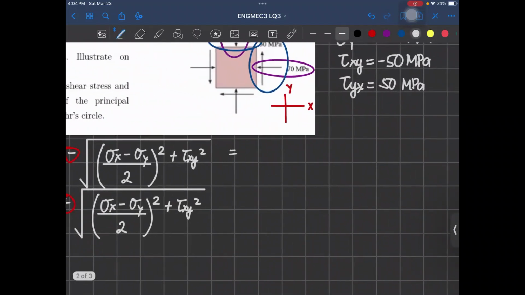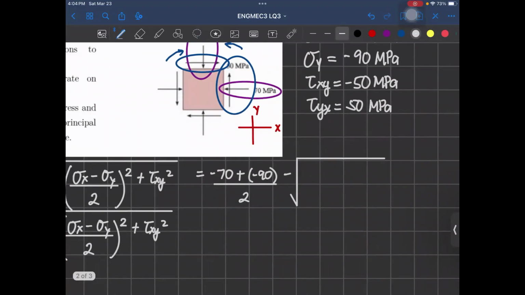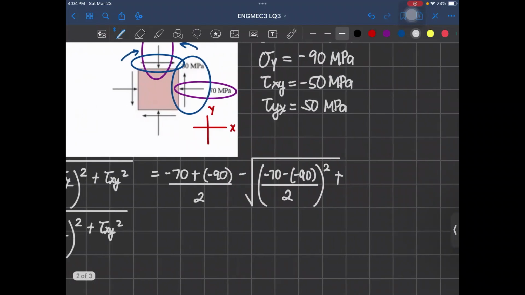Sigma x is, again, negative 70. Sigma y is negative 90. Divide by 2. Minus the square root of sigma x, negative 70 minus negative 90, over 2 squared plus tau xy, negative 50, squared.